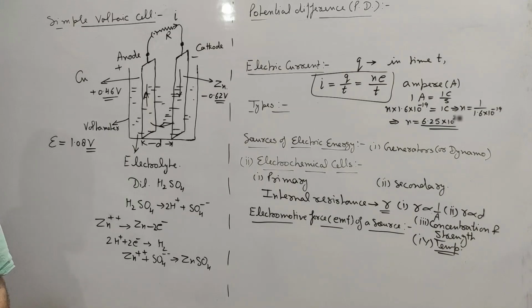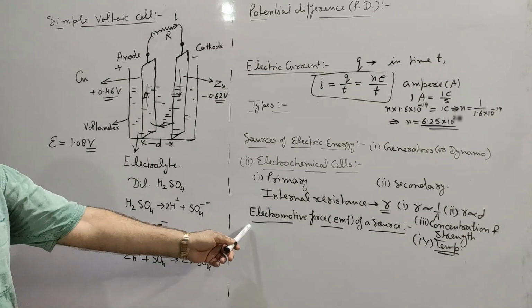But in winters, internal resistance will be more because of less temperature, so the cell will be able to provide less current, and that less current will be unable to start the vehicle quickly.